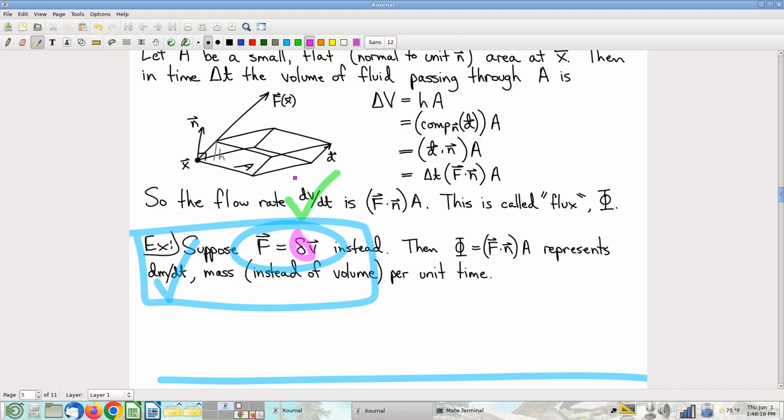So velocity is one thing that a fluid can do, right? But unrelated to the velocity of the fluid is the density of the fluid. So air has a certain amount of mass per unit volume, right? Whatever that density is doesn't directly pertain to how fast that air is moving. Does that make sense? So I'm representing that my vector field here represents a product.